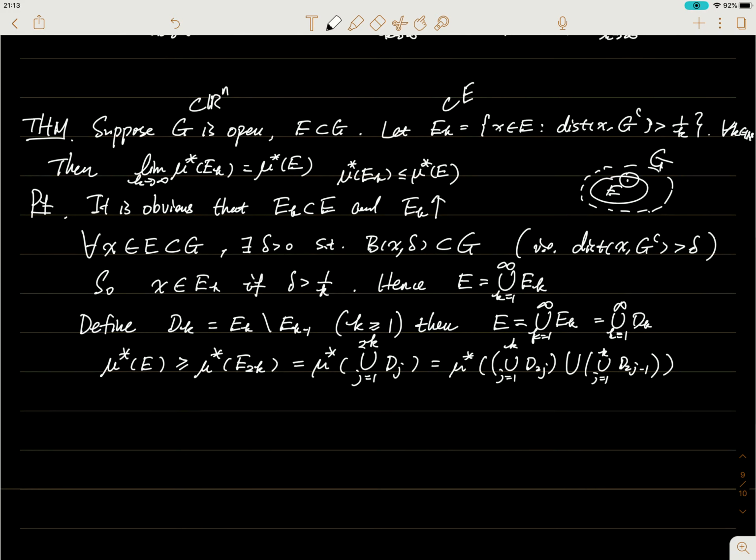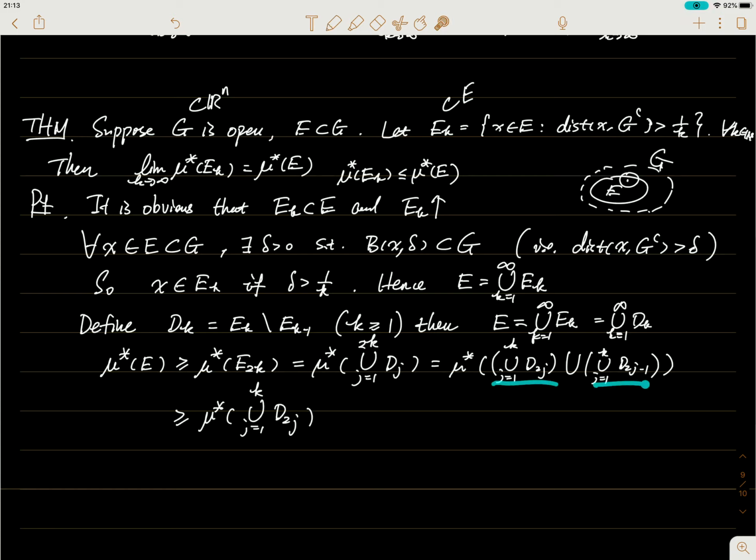Okay, so what I know about this is it must be bigger than or equal to one of them. Let's say the first one of them should be bigger than or equal to this. Okay, so I only use this set here, so I don't care about this.